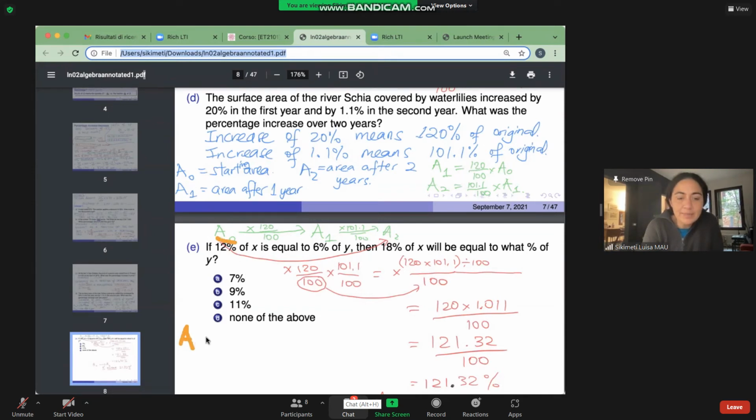Then after the first year, I increased by 20%, and so that means my area got multiplied by 120 divided by 100, because you have 100% and another 20% more. So that's 120%. That was how much you had after the first year.